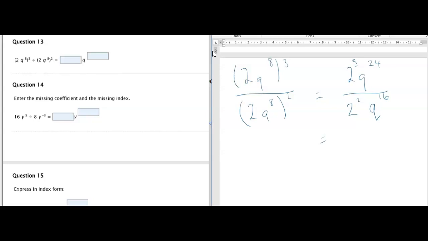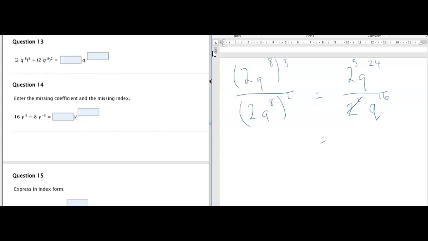Now, using your index laws, you don't have to do 2 to the power of 3 is 8 and then 2 to the power of 2 is 4. These powers, we're dividing here. So 2 to the power of 3 divided by 2 to the power of 2. When you're dividing, your powers are subtracted from each other. So 3 minus 2 just gives you 1.